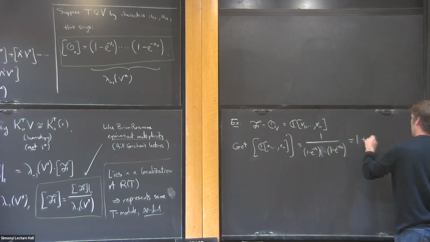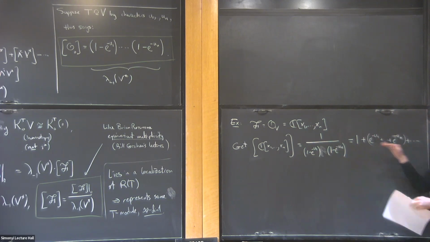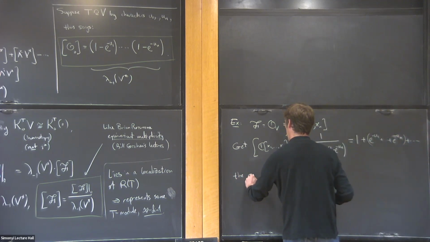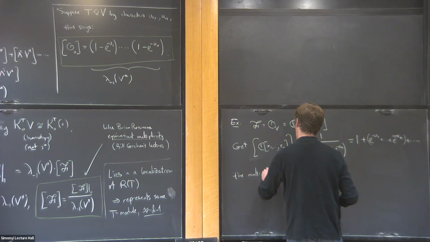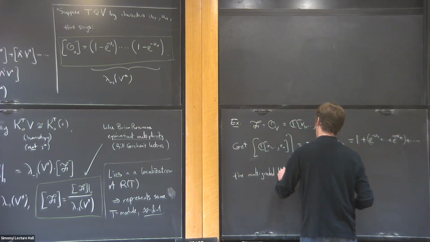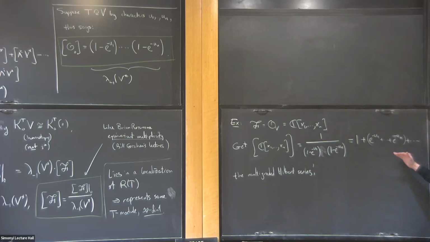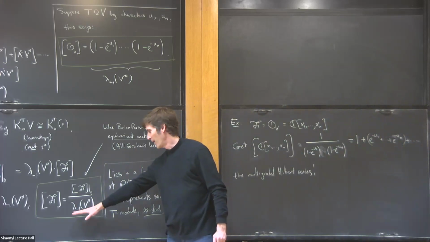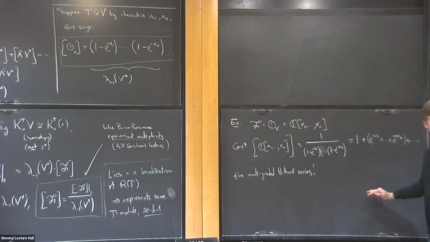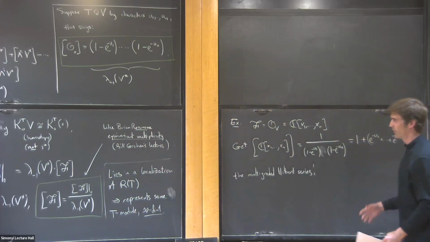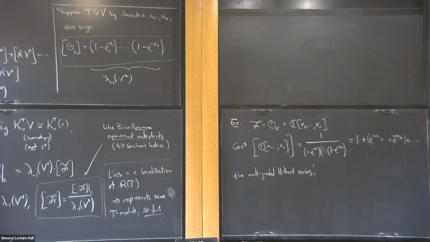Because that's 1 plus e to the minus u1 plus and so forth, e to the minus un, plus higher degree terms. And this is exactly the multigraded Hilbert series. So another word for K-theory equivariant multiplicity is multigraded Hilbert series. And in that sense, Rossmann would actually go back before the corresponding notion in cohomology.